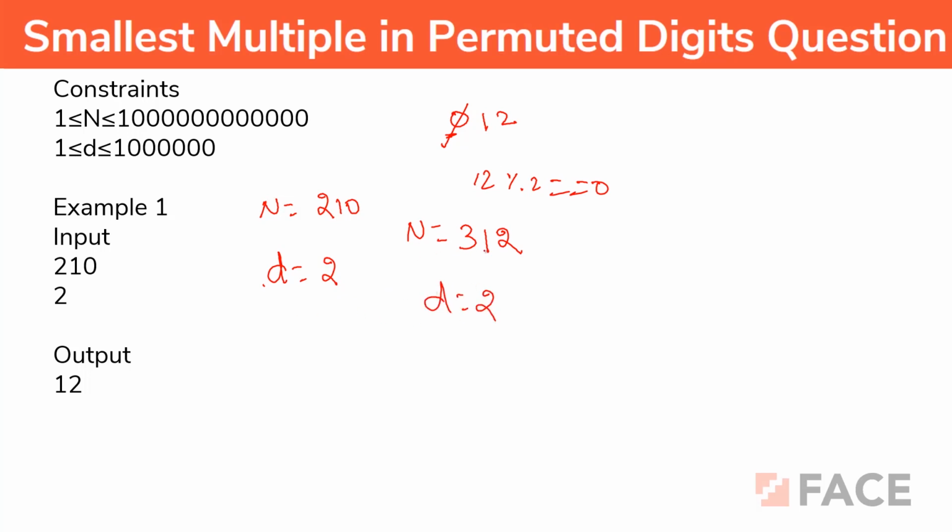Here, what is the first smallest permuted number I will get from this number? 123. Check whether 123 is divisible by 2. No, it is not divisible. If it is not divisible, I have to go for the next permutation. What is the next permutation I will get? 132. Check whether 132 is divisible by 2. Yes, of course it is divisible by 2. I can say that my answer is 132. This is the given question.